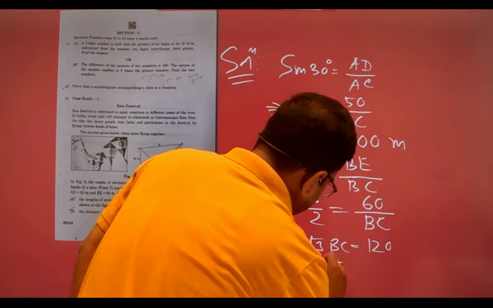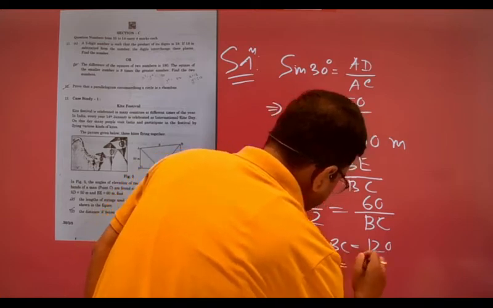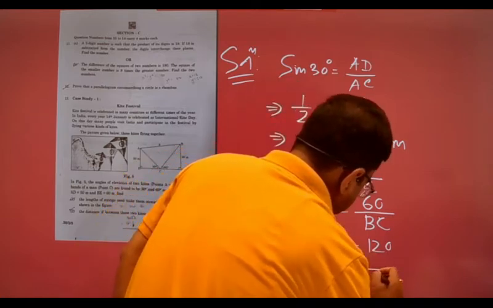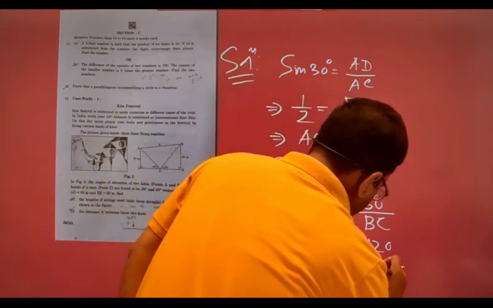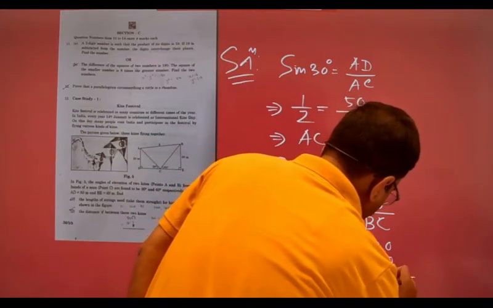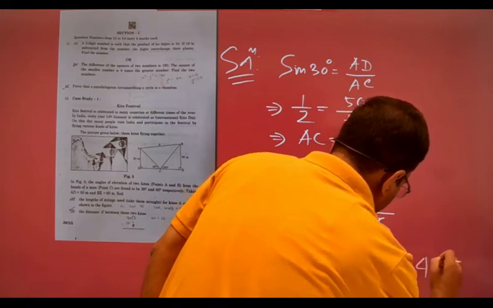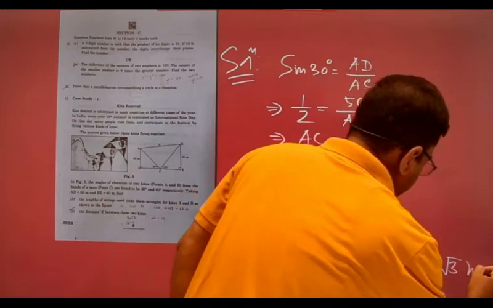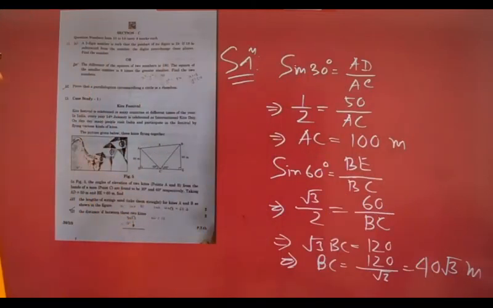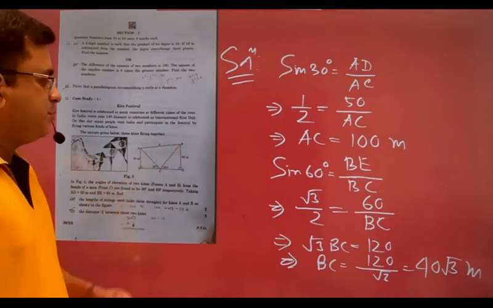So BC equals 120 divided by root 3, which is equal to 40 root 3. So this is the length of the string for kite B.